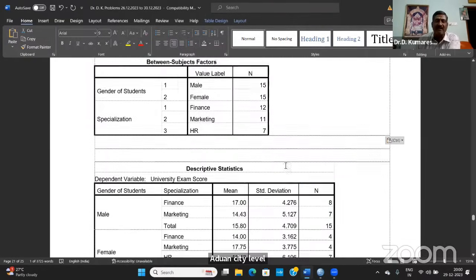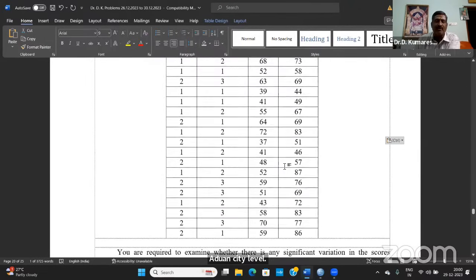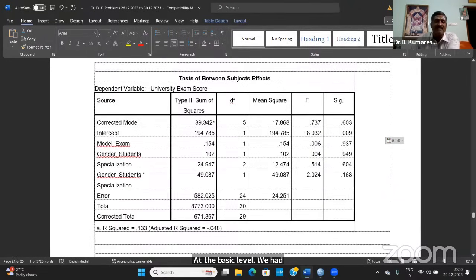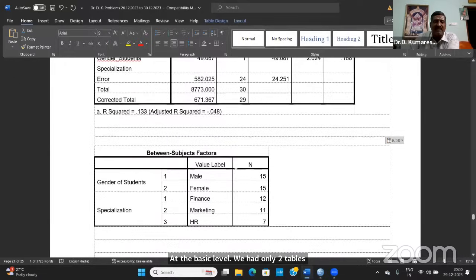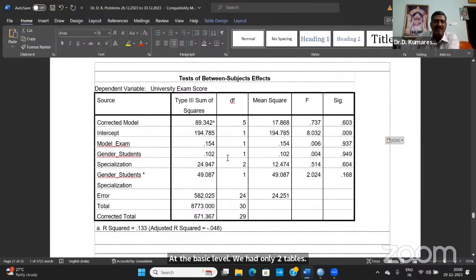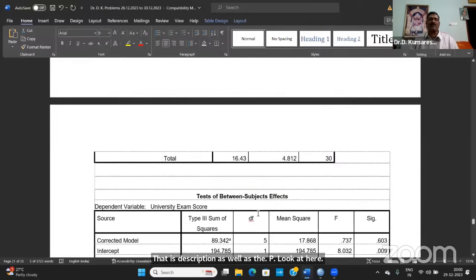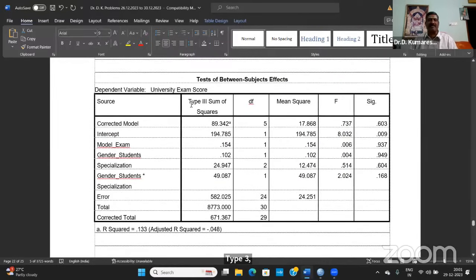At the basic level, we had only 2 tables. That is description as well as the p-values. That's all. Look at here, type 3 sum of squares. That is usually selected in default. That's all. Understand? Okay.